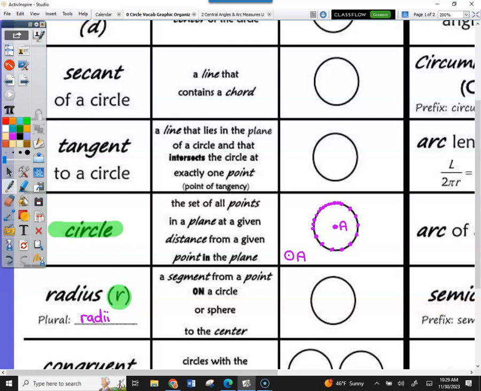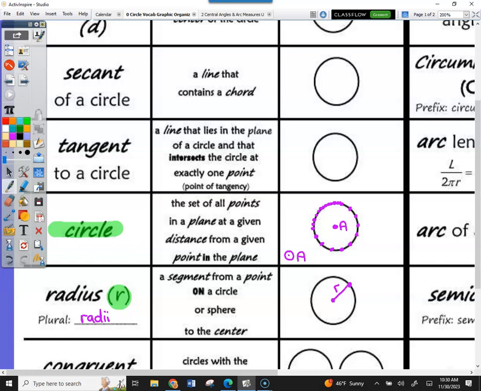Okay, so what is a radius? If you need a ruler, let me know. I've got little rulers. A radius is a segment that connects from the center to the edge of the circle. From the center to the edge. This would be a radius.